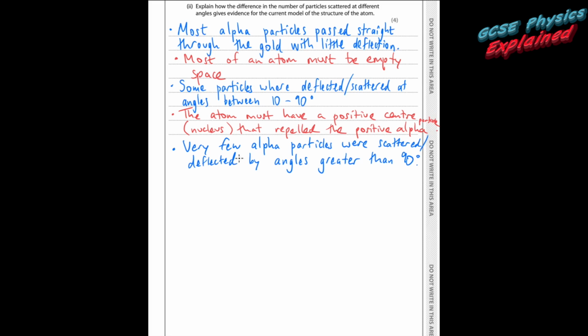And the fact that very few alpha particles were scattered or deflected by angles greater than 90 degrees means that the nucleus, the positive nucleus, must be very small and is hard to hit, because it'll only bounce back at greater angles than 90 if it's kind of on a head-on collision.